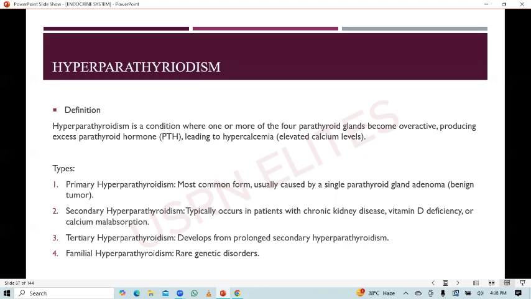Anytime you hear primary, it means that the situation is in the gland itself. But when they talk about secondary, it's usually outside the gland. So we have the kidney disease, vitamin D deficiency, and then calcium malabsorption.